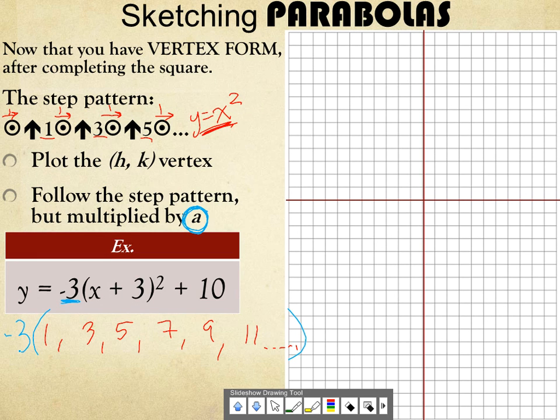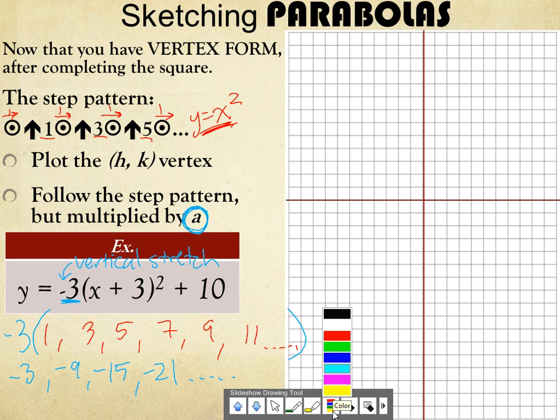Basically that makes our steps all bigger, which effectively makes our parabola look stretched out. If you remember from grade 10, we called this a vertical stretch. So our new parabola's step pattern is going to be -3, -9, -15, -21, and I can't imagine we'll get any more on this graph, so I'll stop there.